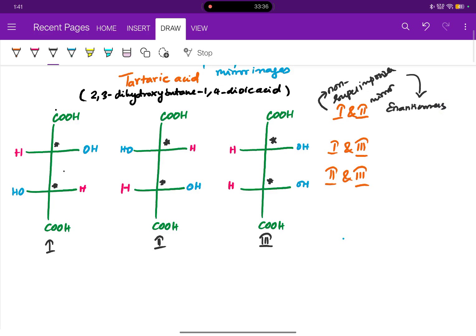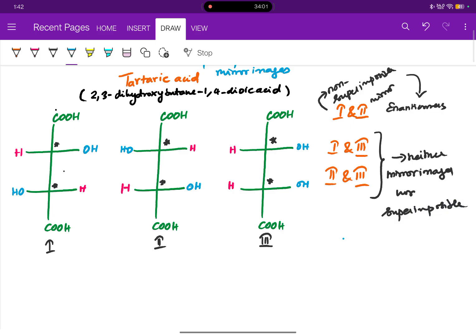You compare 1 and 3, I mean 3 and 2, 2 and 3. They are neither mirror images nor superimposable.